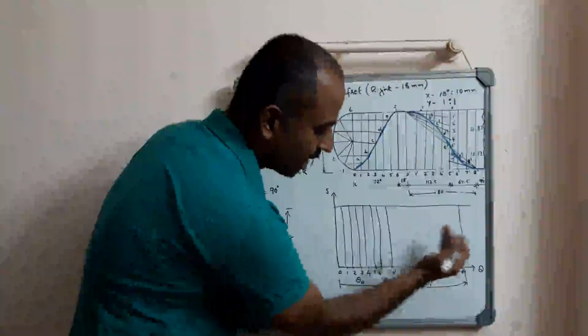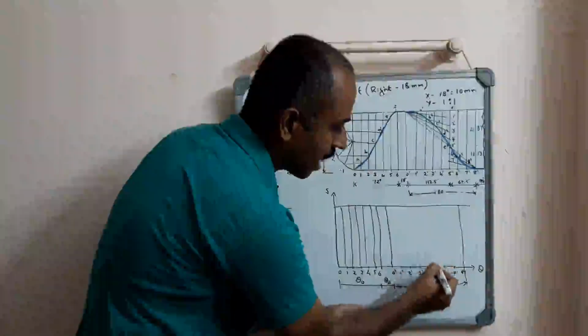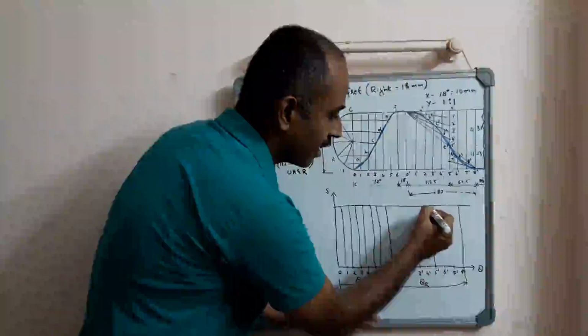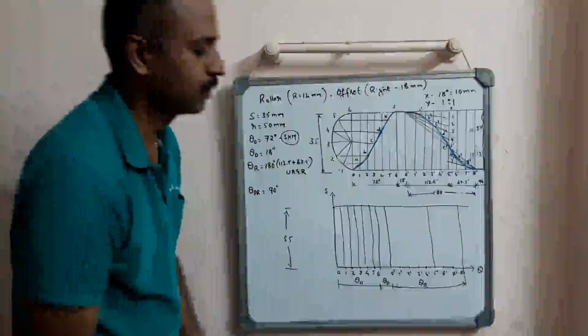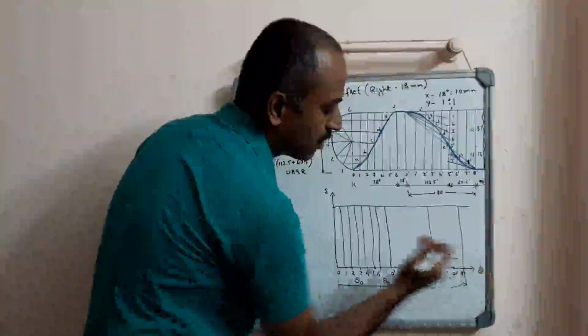The division between the acceleration and retardation is the fifth one. Out of 8 parts, 5 parts are for acceleration and 3 parts for retardation.